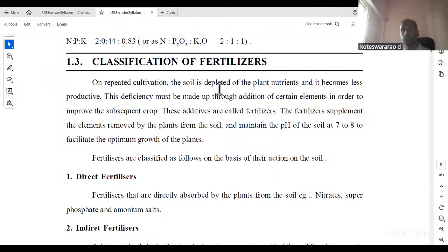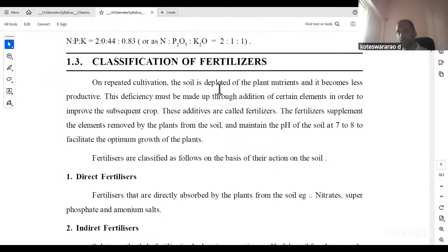It is not possible to give continuous nutrients, especially the macronutrients nitrogen, phosphorus, and potassium. After one crop, the percentage of these NPK values goes down. Therefore, the soil is depleted of plant nutrients and becomes less productive.